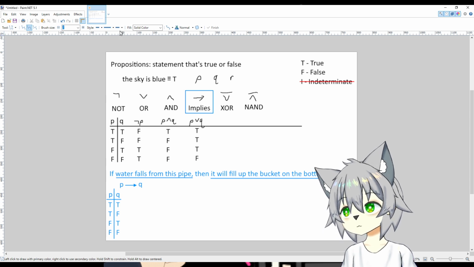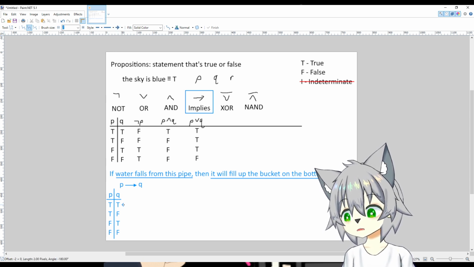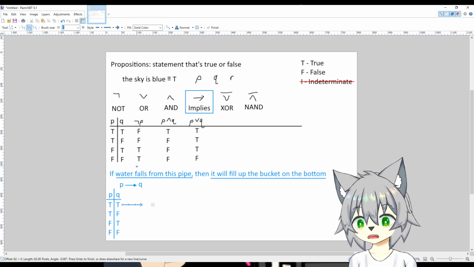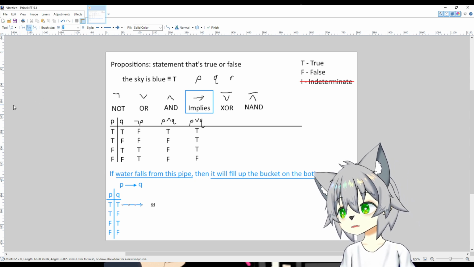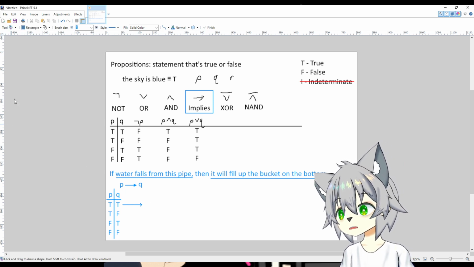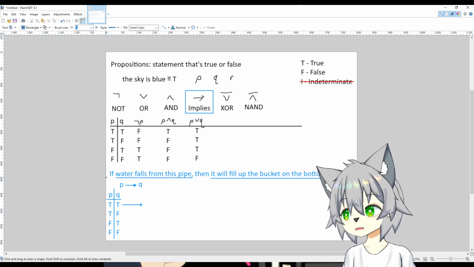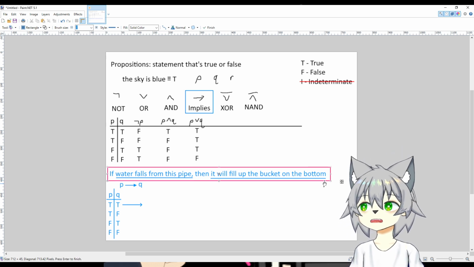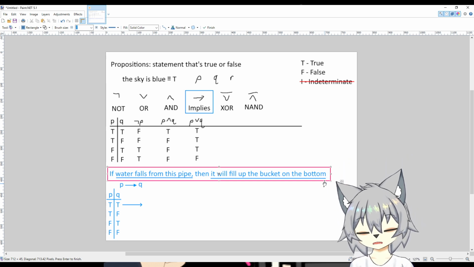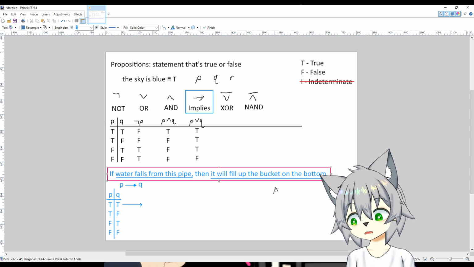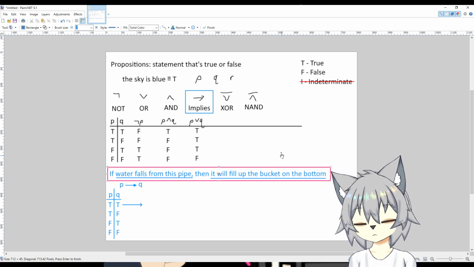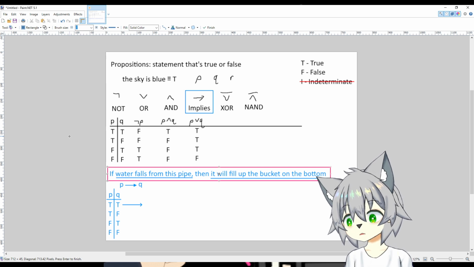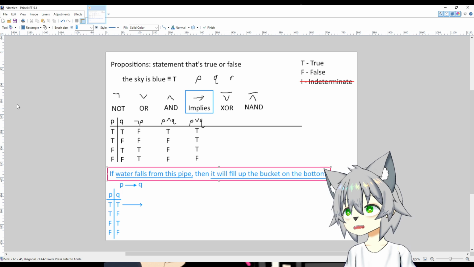So right now we have this here, where water falls from the pipe and it will fill up the bucket on the bottom. And basically, what this is doing is treating this entire statement here as one statement, effectively, as best as I can put it anyway. If water falls from this pipe, and that statement is true, then it will fill up the bucket on the bottom, and it filled up. That's also true. Q is true. The proposition Q is true.